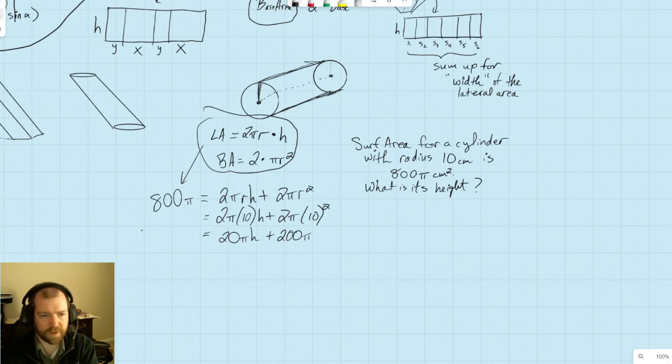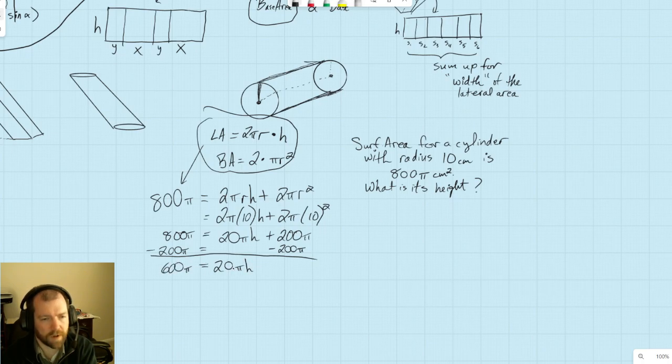So here, subtract off the 200 pi. So 20 pi h is equal to 600 pi. And then divide both the 20 and also the pi.